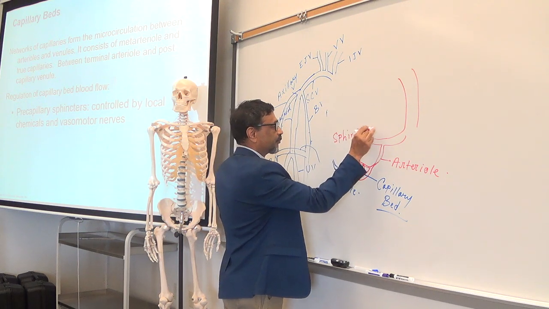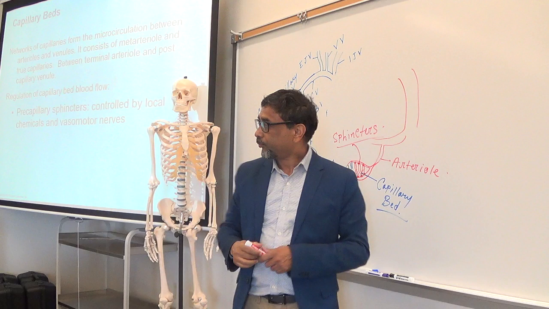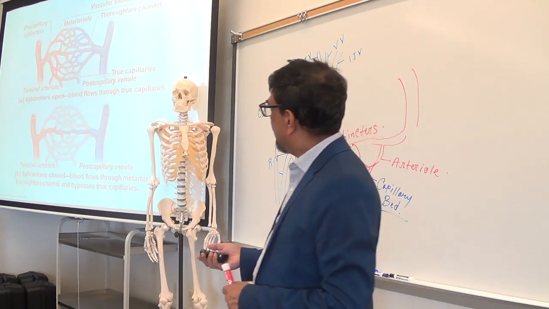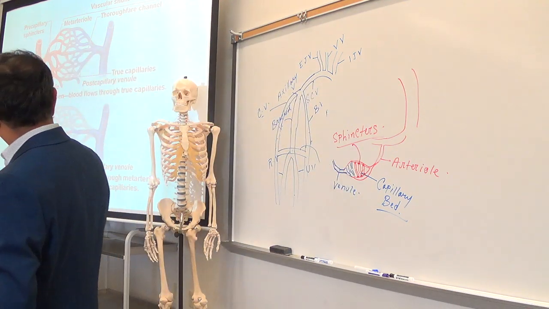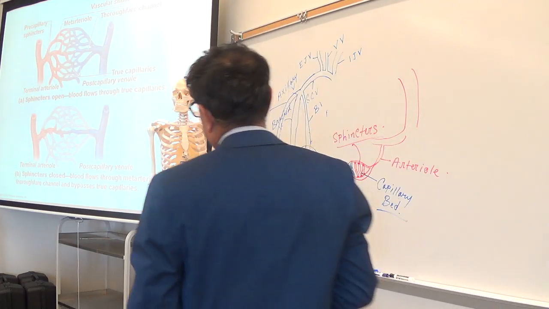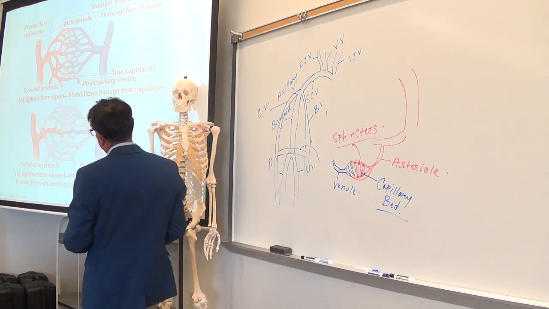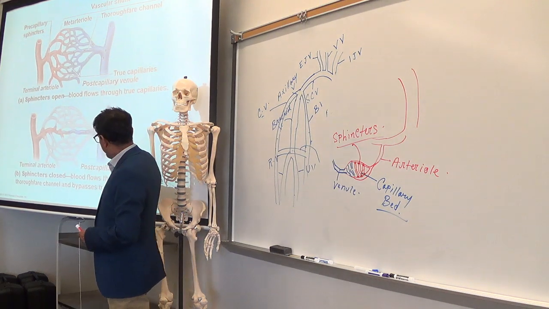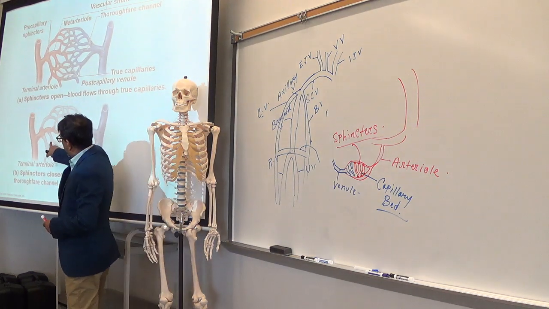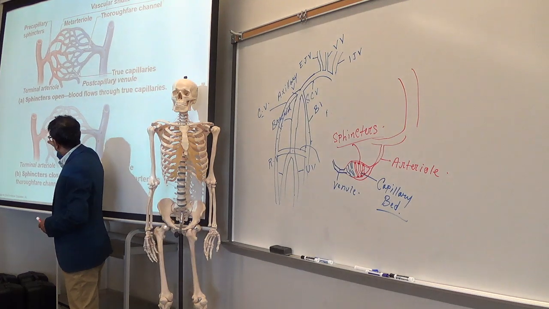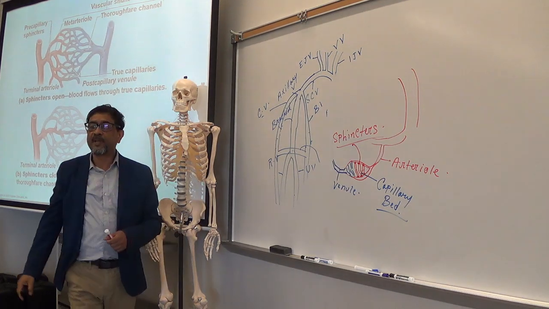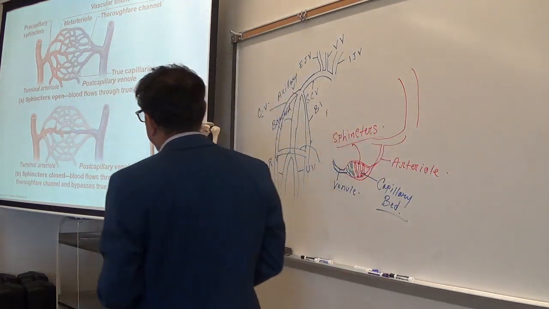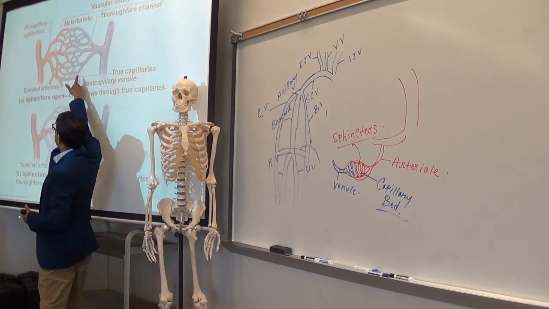Let's see the capillary bed. You see the arteriole on the left side, terminal arteriole, and then the capillary bed and the venule. And these are the sphincters. These are called precapillary sphincters, and they control the amount of blood that will circulate in the capillary bed.